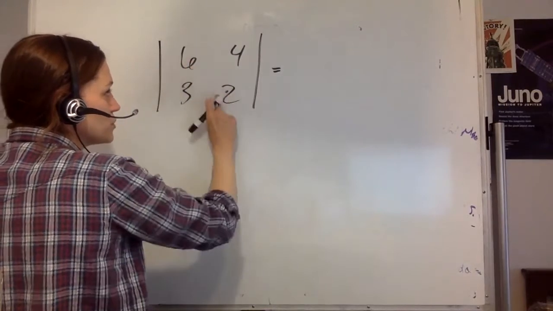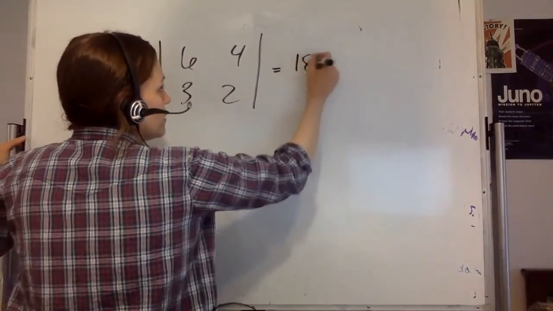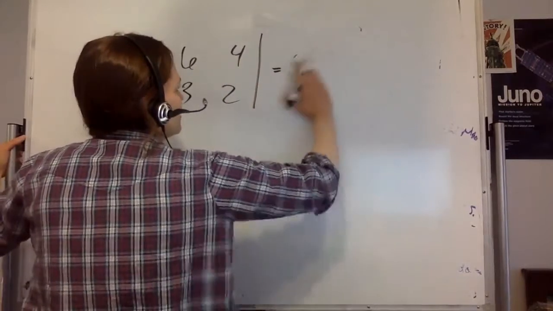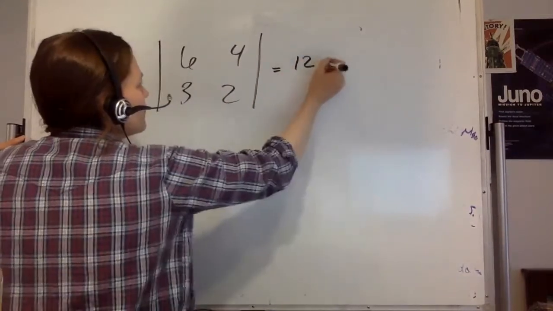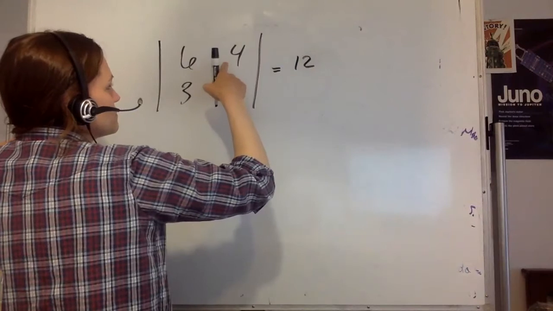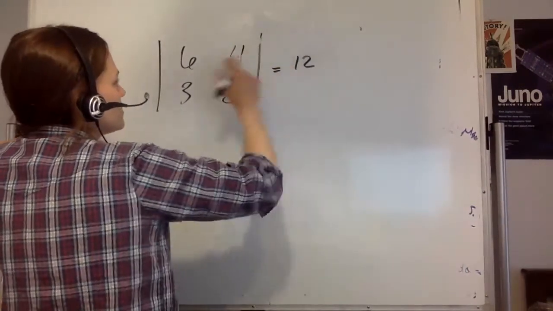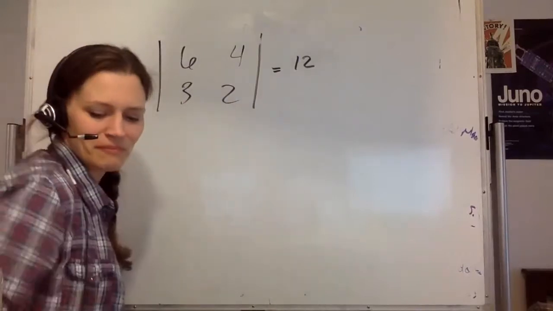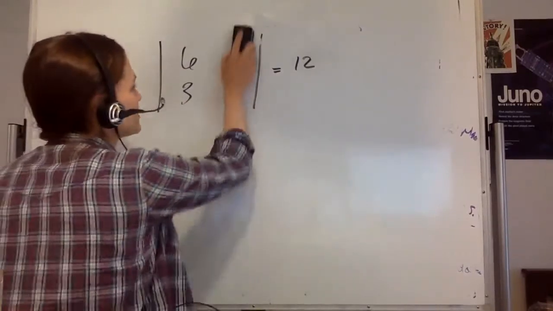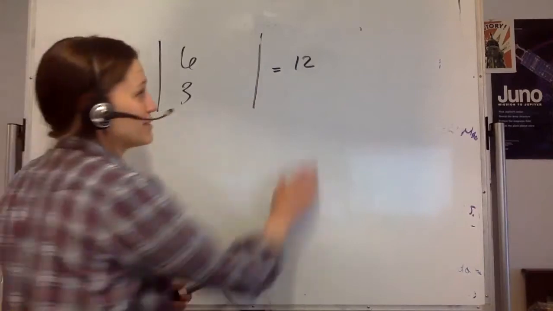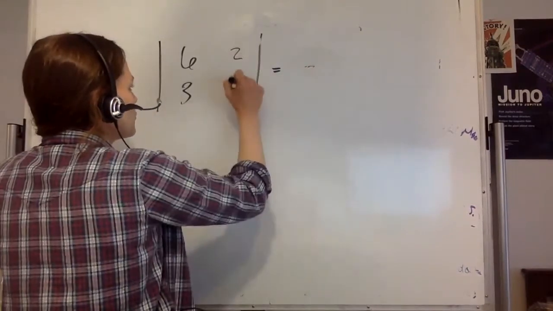So 6 times 2, which is 12, minus, oh wait, no, I did that wrong. This is not a good example because it's 12 and it equals 0. 2, 4, there we go.